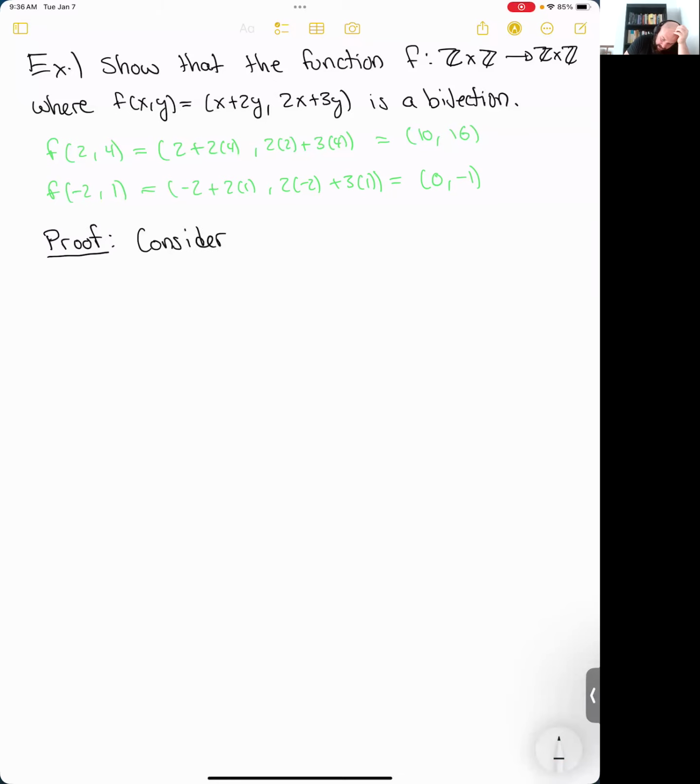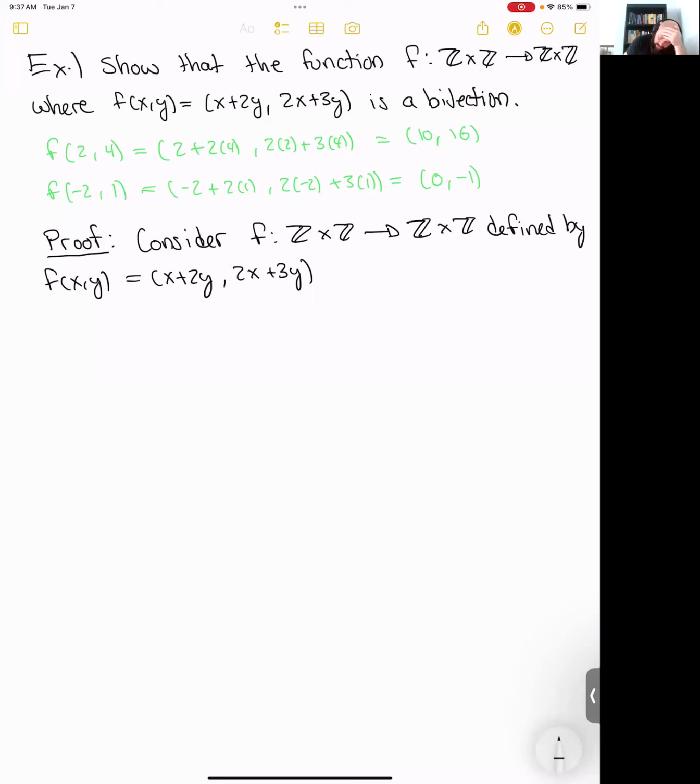So consider f from the integers cross the integers to the integers cross the integers defined by f of x comma y is equal to x plus 2y comma 2x plus 3y. We will show that f is a bijection.